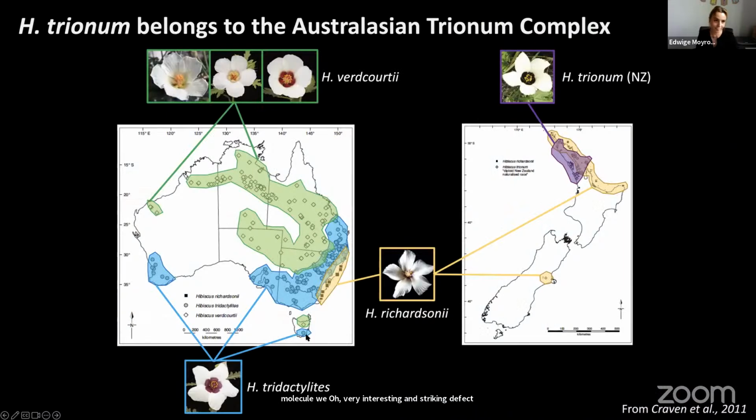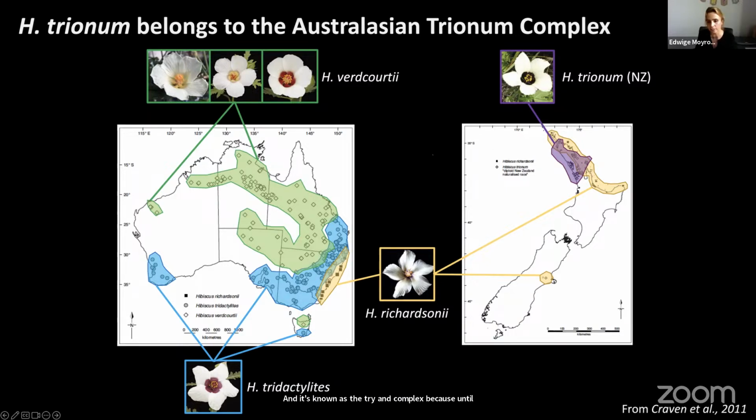Okay, so of course, nature did not wait for us to create mutants or transgenic lines to generate diversity. And our little model species, Hibiscus trionum, belongs to a bigger family known as the trionum complex. And this group of plants is widespread in Australia and in New Zealand. And it's known as the trionum complex because until recently, we didn't really know the relationship between them.